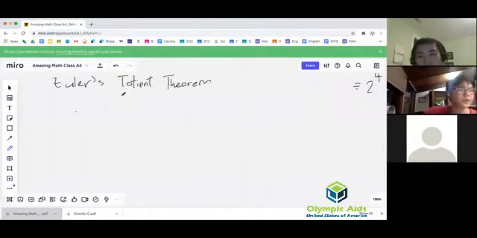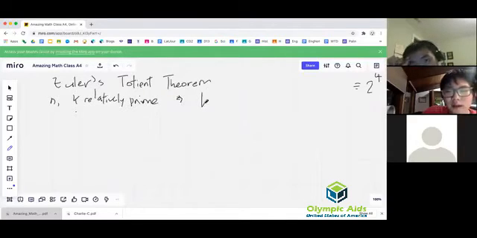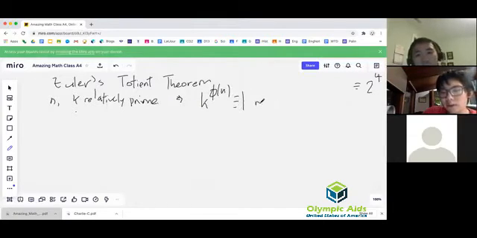It's a pretty simple theorem, actually. If you have an integer n, and you have k relatively prime to n, then k to the totient of n will always be equivalent to 1 modulo n.